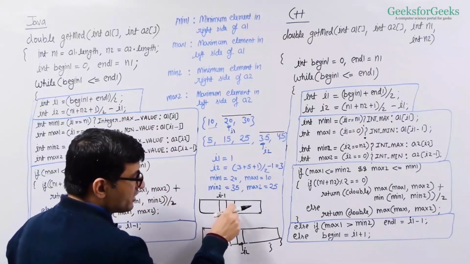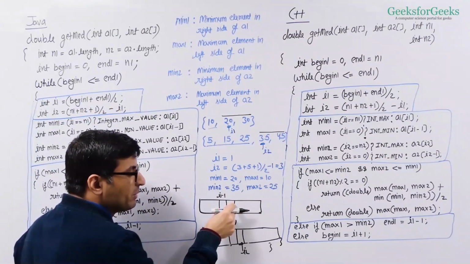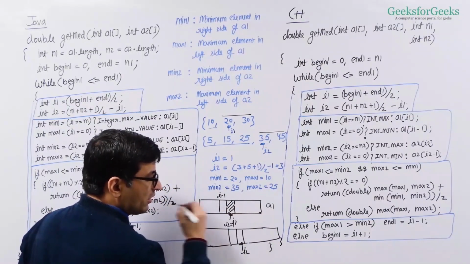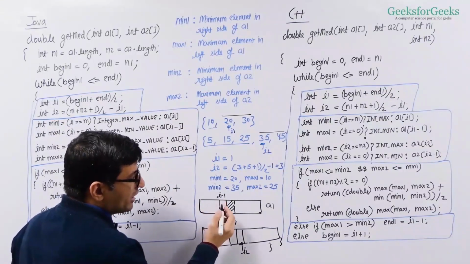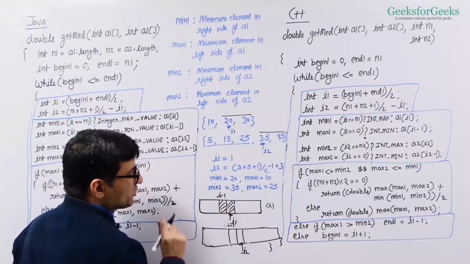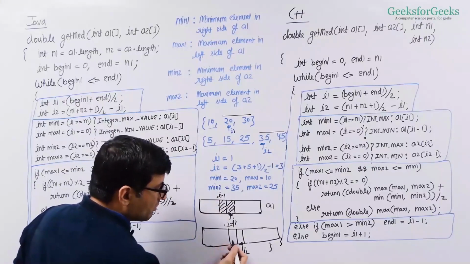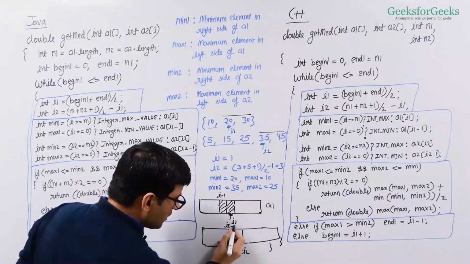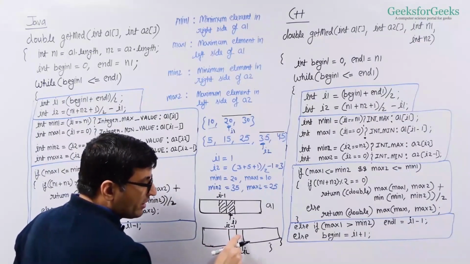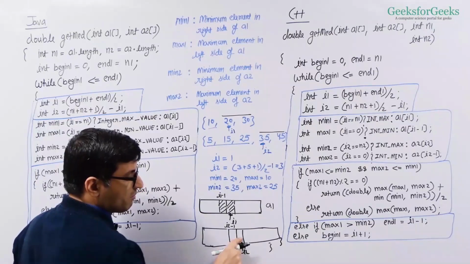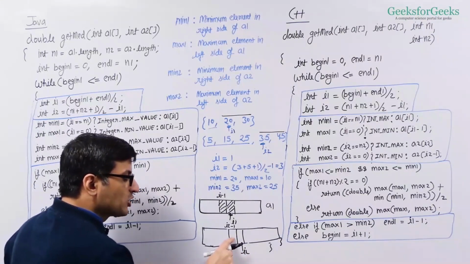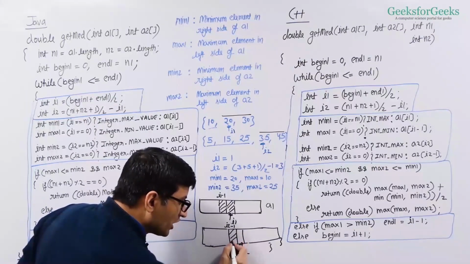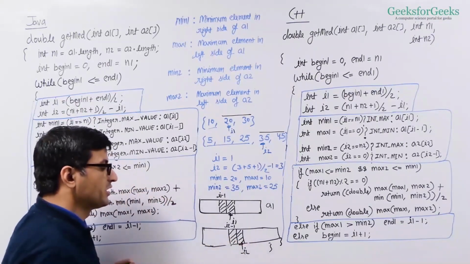The element at index I1 is the minimum element in the right side of A1, and we call it min1. The maximum element on the left side is at index I1 minus 1, and we call it max1. Similarly, the minimum element in the right side of A2 is called min2, and the maximum element in the left side of A2 is called max2. Using these four elements, we are going to run our binary search.